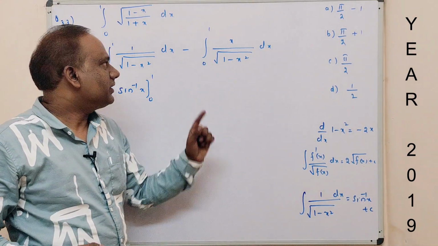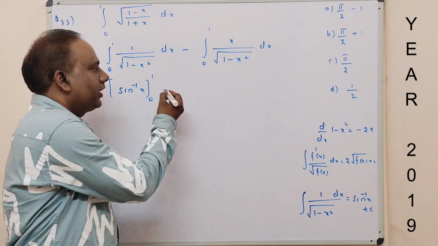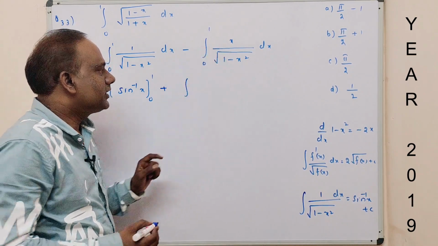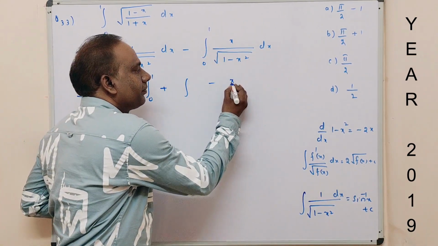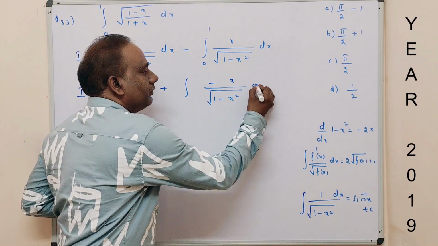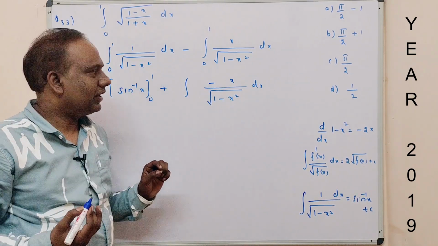Now it can be written as, it is minus, and this minus I write here. Why can we write like this?